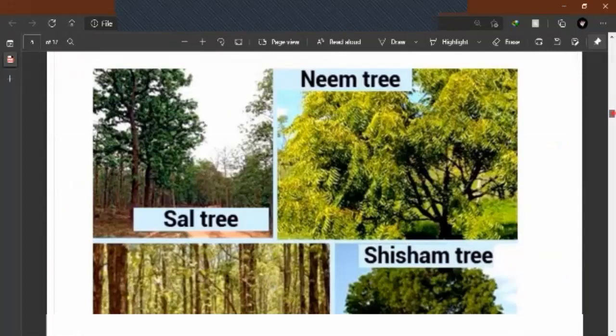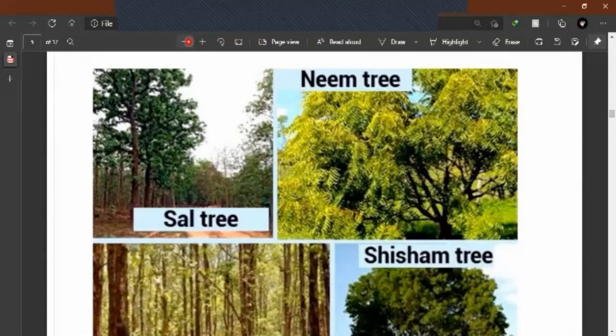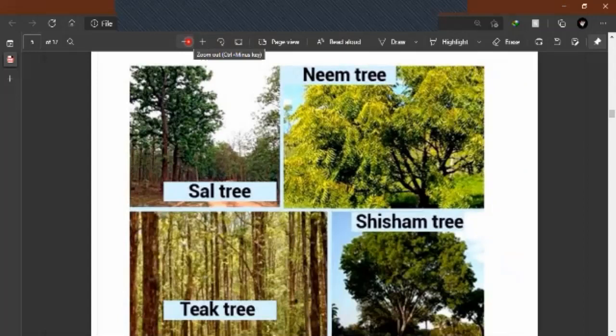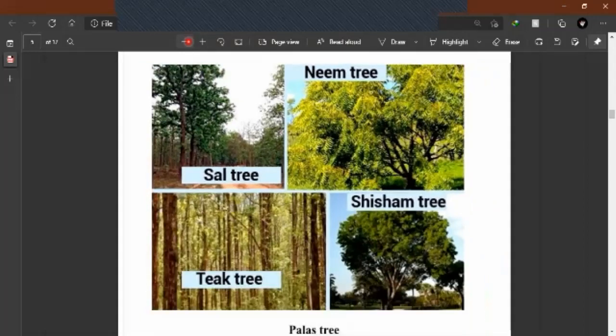So these are some tree species of deciduous forests. First, we will discuss teak. It is used for making furniture and shipbuilding. Sal, used for house building, making of railway sleepers.